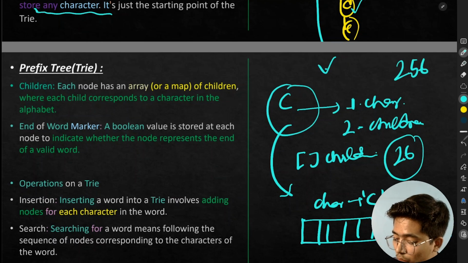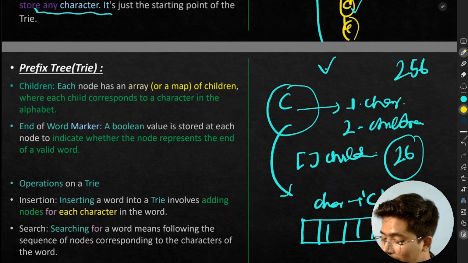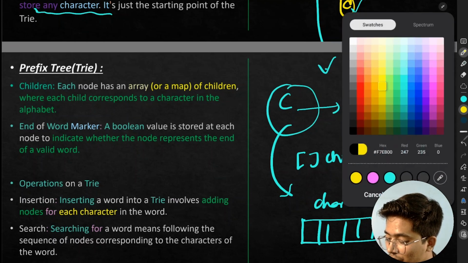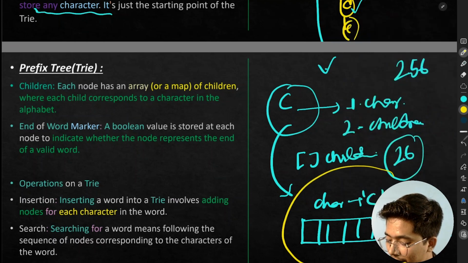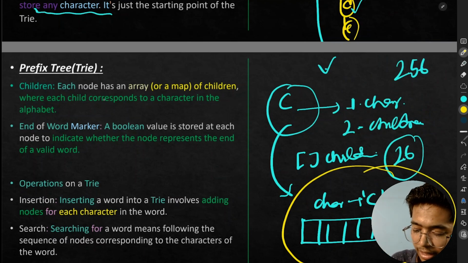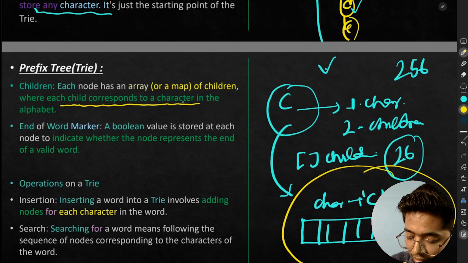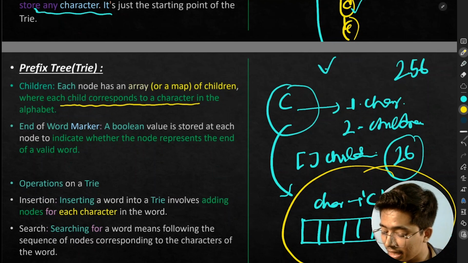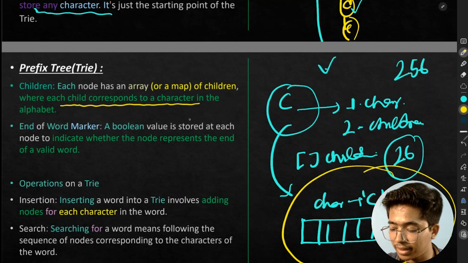So this is what the node looks like: one character C and one array. That is what is said here: each node has an array or map of children where each child corresponds to a character in the alphabet.